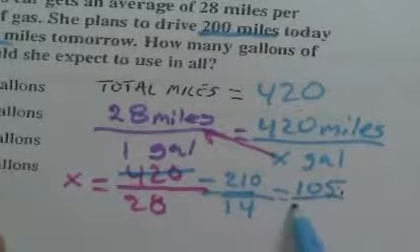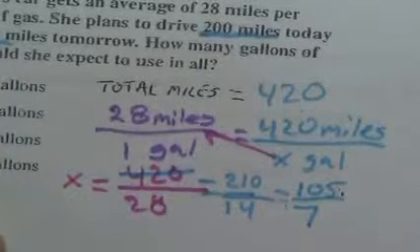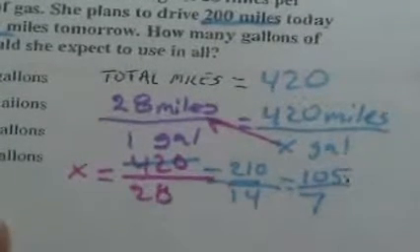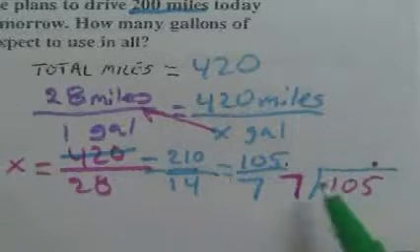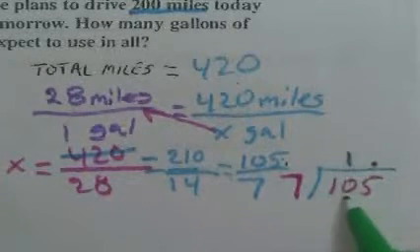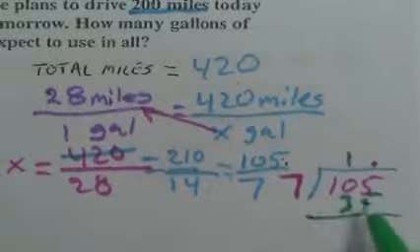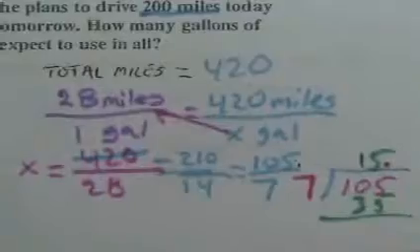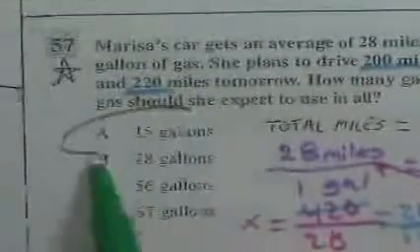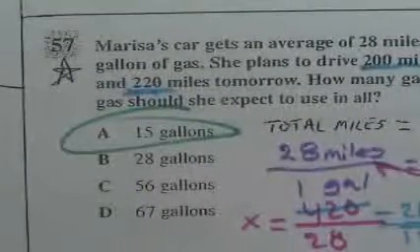And half of 14 is 7. Okay, now it's a little bit easier to divide. 7 into 105. 7 goes into 10 once with 3 left over. It gives us 35. 7 goes into 35 5 times. So our answer is 15.